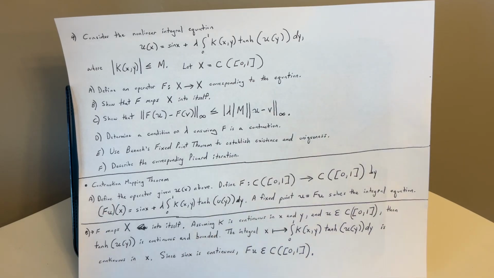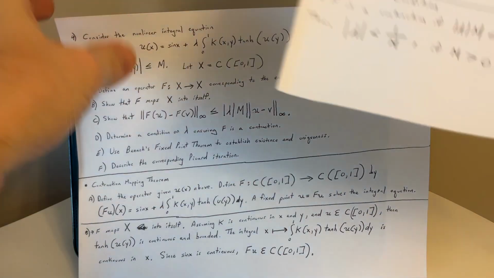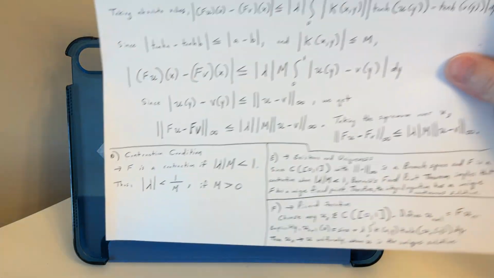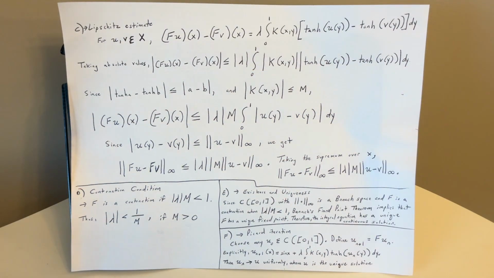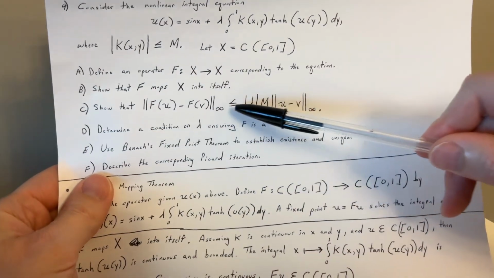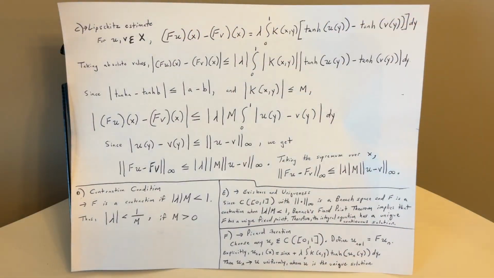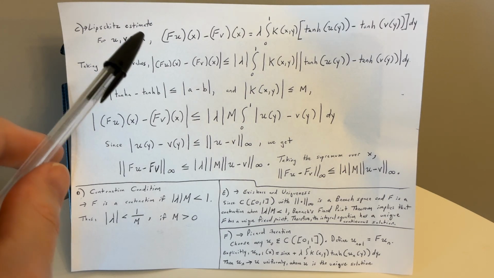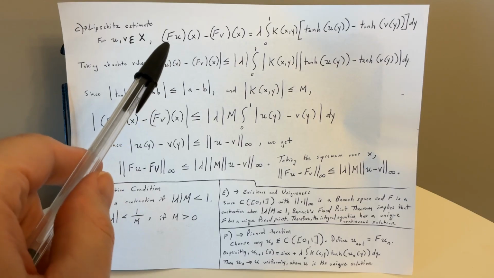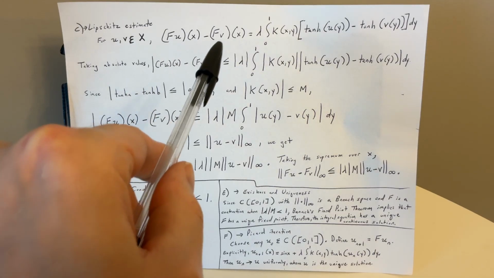Okay, let's move along to C, D, E, and F on the second page here. So this is interesting for letter C. We want to show the following; remember we wanted to show this. We're going to use that Lipschitz estimate, and for u, v in X, we're going to get this whole thing on the left.